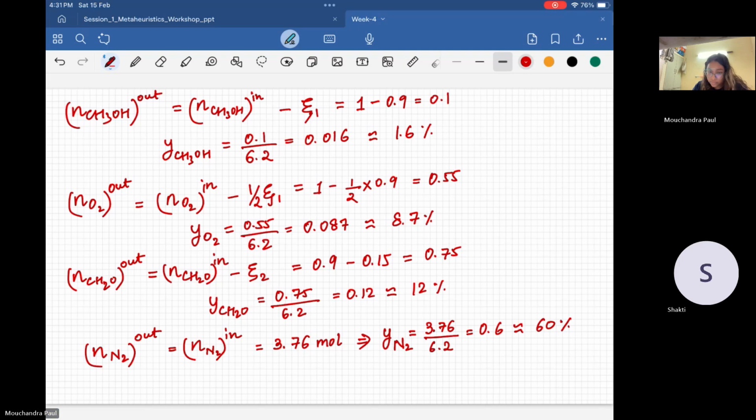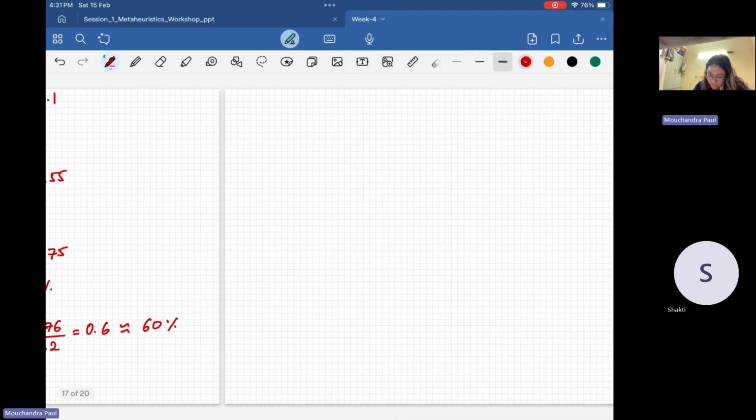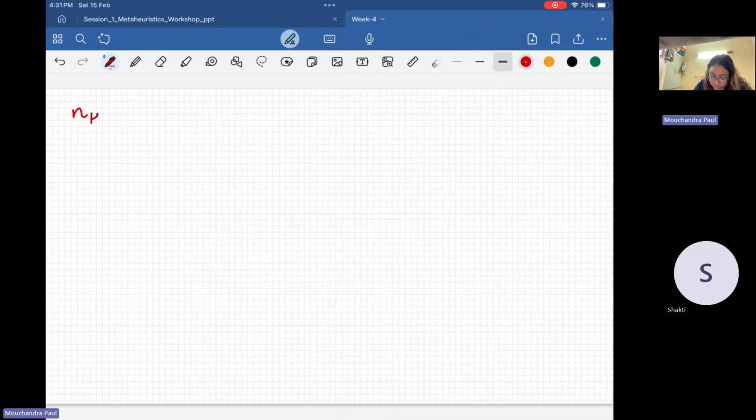Next, methanol, oxygen, formaldehyde and nitrogen are done. So two other components are remaining. First, let's do the water. Now we can take reaction 1, suppose. So we will use Xi1. Now for water, let me quickly recap.